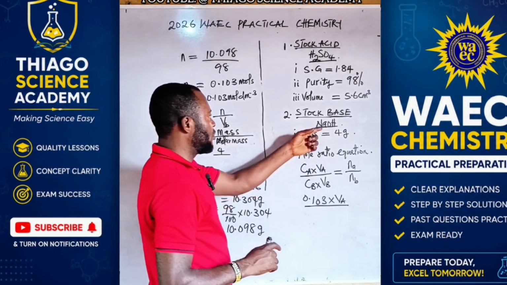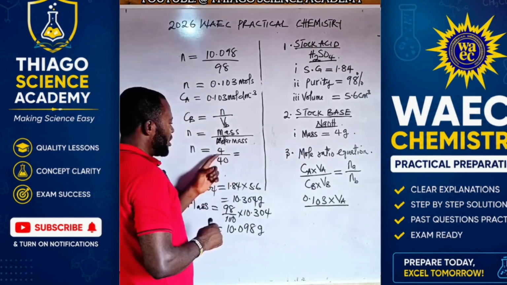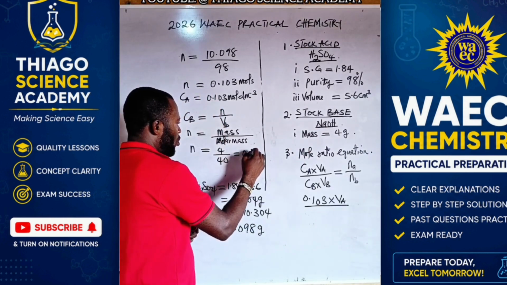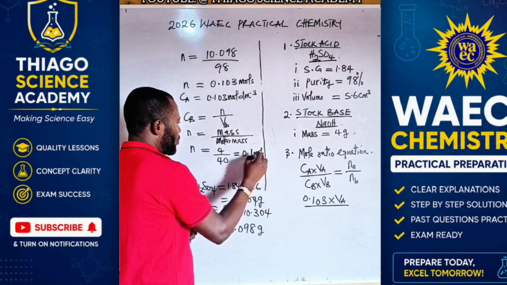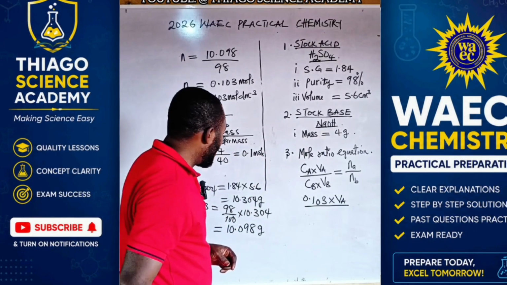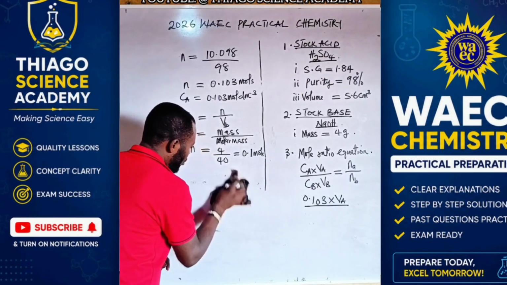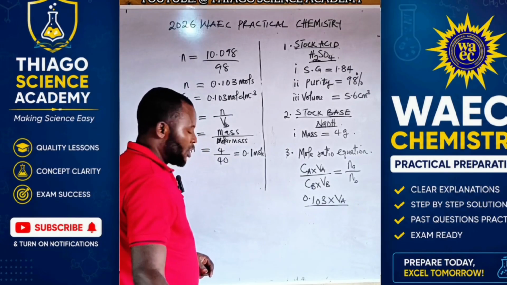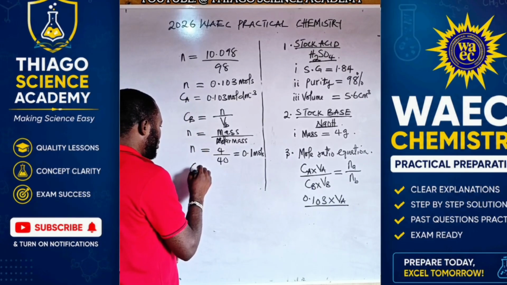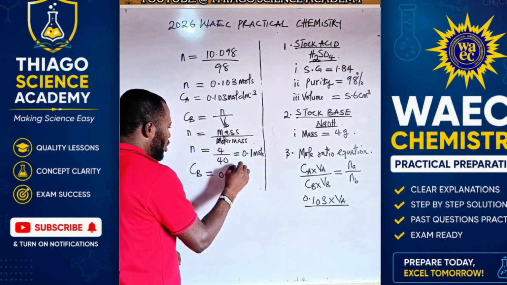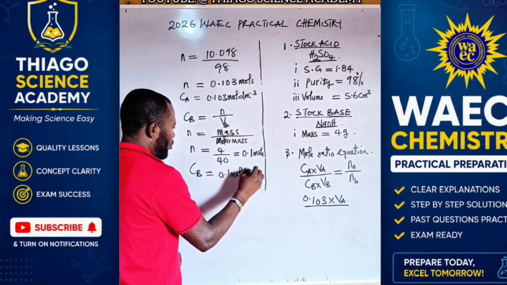Molar mass of sodium hydroxide is 40. This divided by this, we have 0.1 moles. And since it is going to be dissolved in 1 dm cube of distilled water, it means that the concentration of the base is going to be 0.1 mole per dm cube.